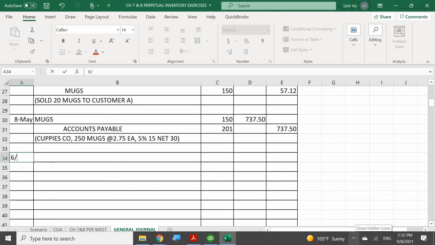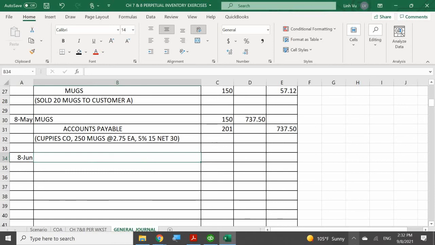How are we going to represent an allowance? Not sales returns and allowances, because we didn't sell to a customer. A purchase allowance. In this case, where are our items located?